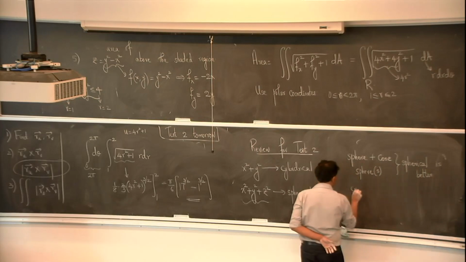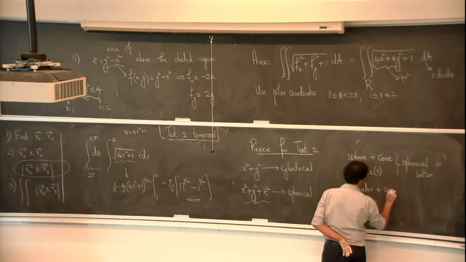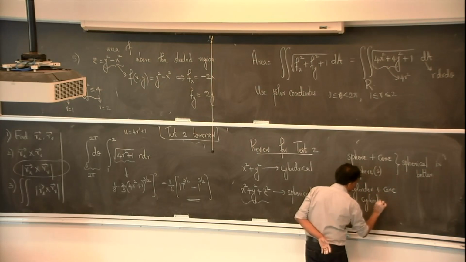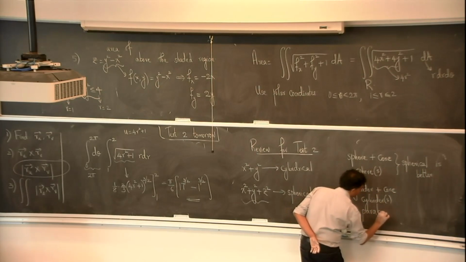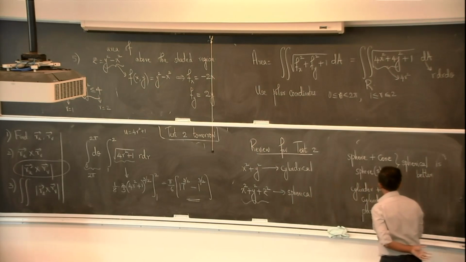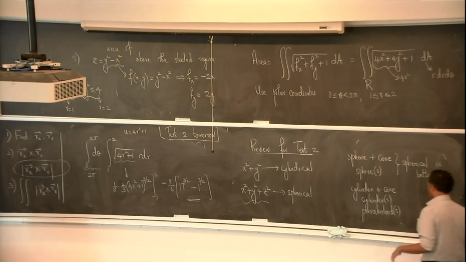But if you have a cylinder and a cone, or cylinders, paraboloids. Whenever I have paraboloids as a plural, that means one of them is facing down and the other one is facing up. Otherwise, it cannot really trap a solid inside.